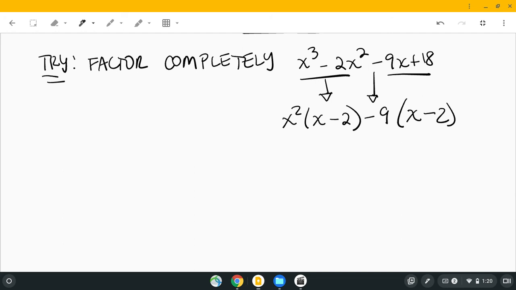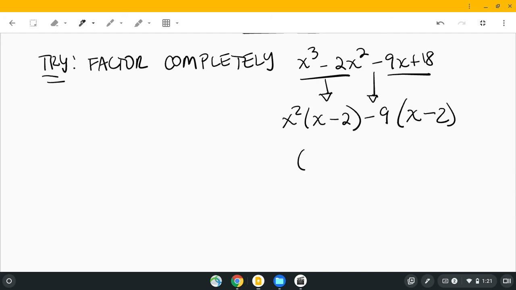Okay? And if you do this correctly, what you have inside the parentheses here and here, they should match. Okay, if they don't match, check to see if you factored out this negative and that you changed the sign here, because negative times negative will give you this positive. Okay, all right, so these two match.